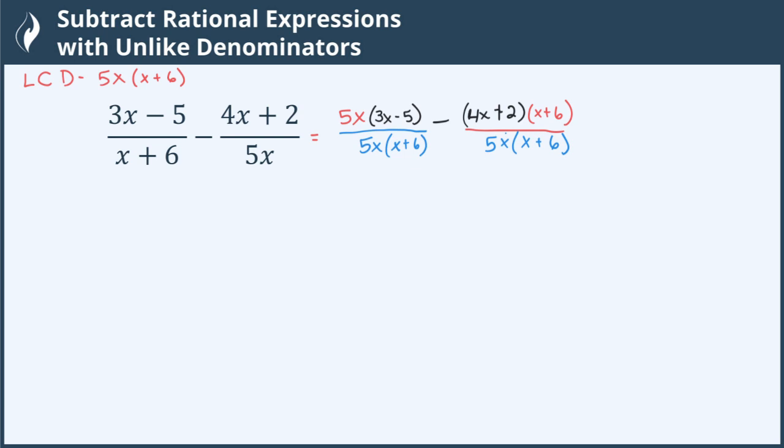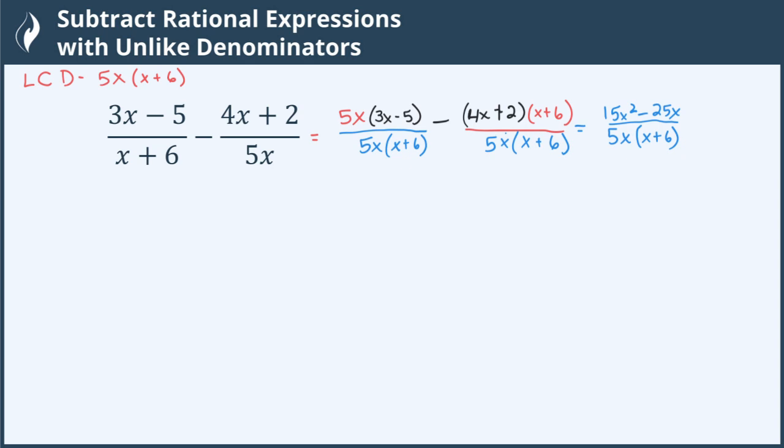Now, before I go any further, I'm going to distribute my x so that I have my signs in the right place. I'm going to go ahead and work this one out. So 5x times 3x is going to give me 15x squared. 5x times negative 5 is going to give me a negative 25x. On this one, I'm just going to leave it alone for a minute and work it through one step at a time.